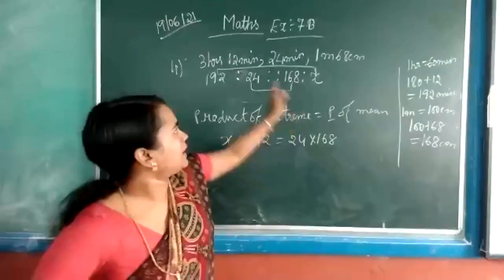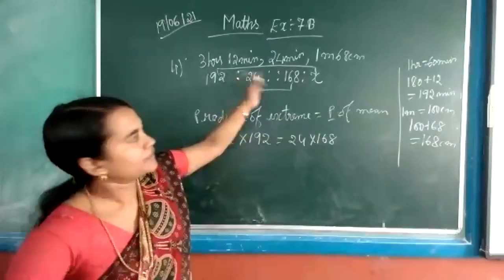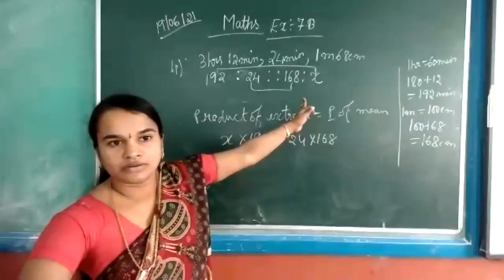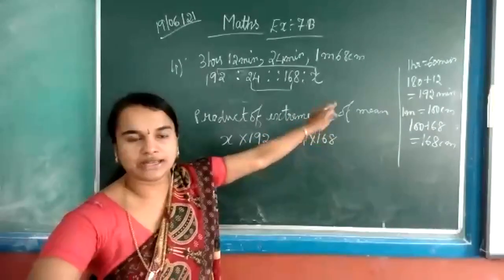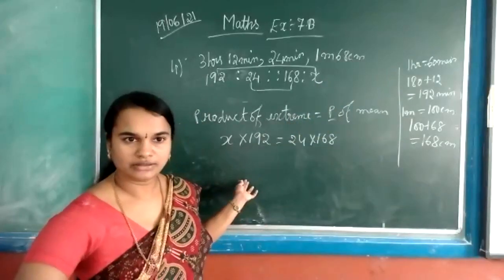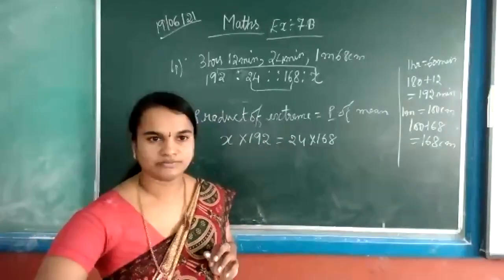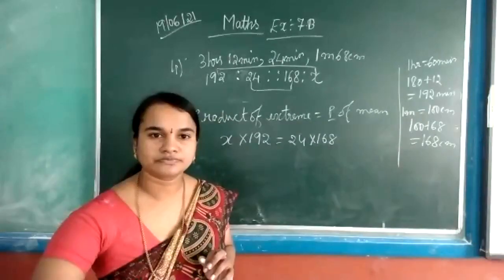Already it is in minutes, that's why we converted into minutes. And next one is meter and centimeter. 1 meter equals 100 centimeter, 100 plus 68, 168. And the last one we have to find out. Clear? The remaining part just simplify, how we did the previous questions. Now, Shubh, what's the doubt?